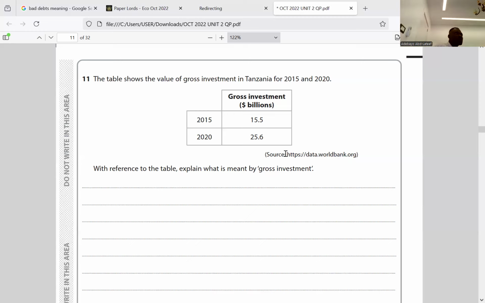So how do you calculate gross investment? Net investment is gross investment minus depreciation.